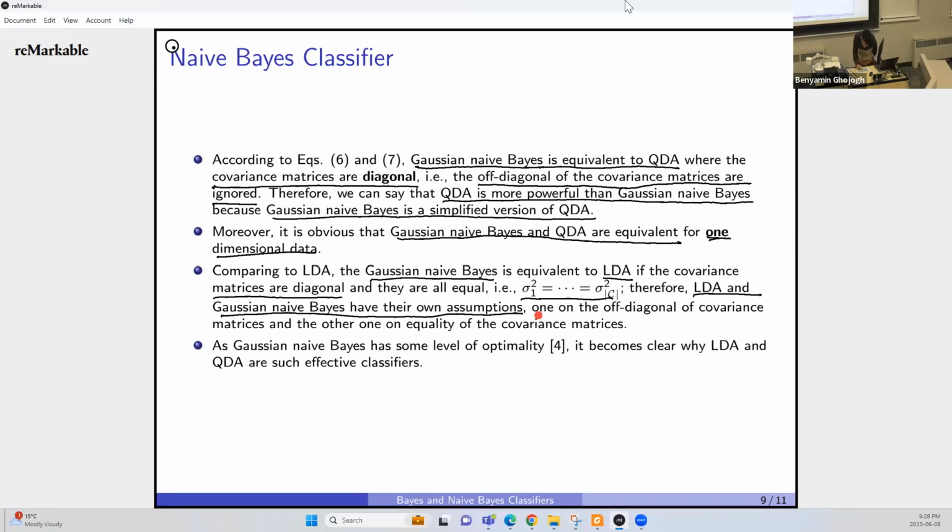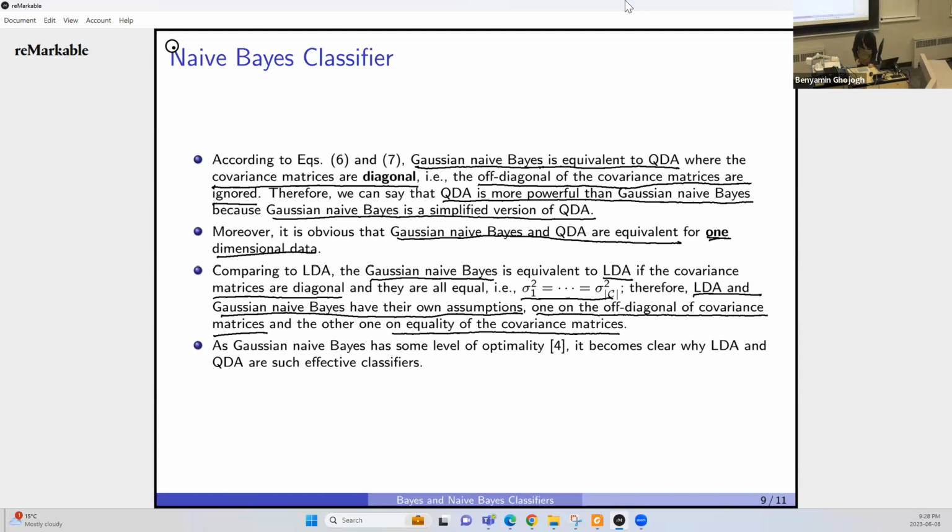Gaussian naive Bayes assumes that the off diagonal elements of covariance matrices are zero. But LDA makes an assumption on the equality of covariance matrices, which Gaussian naive Bayes doesn't make. So Gaussian naive Bayes assumes that the off diagonal covariance matrix elements are zero. LDA assumes that the covariance matrices are equal.